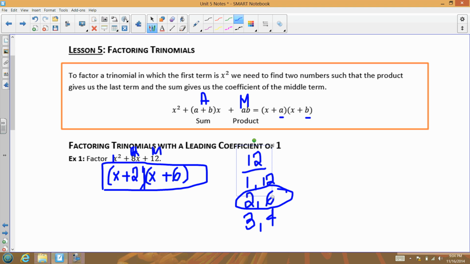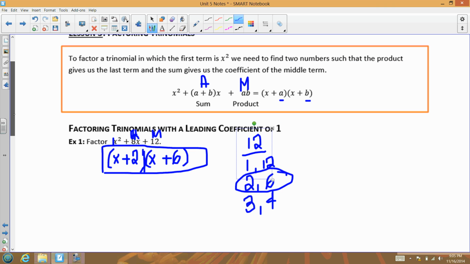In this case, x plus 2 times x plus 6. If you want to check your answer, you could draw your box and do x plus 2 times x plus 6, and you should get x squared plus 8x plus 12. That means we've done it correctly.